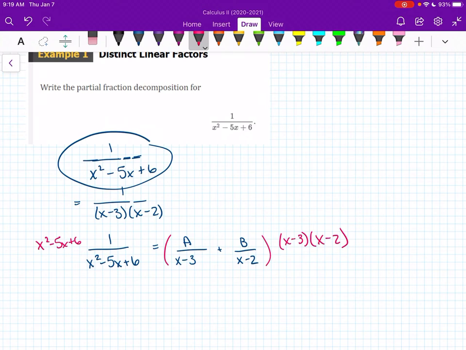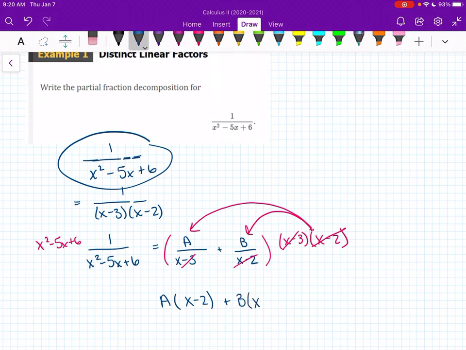And when I distribute x minus 3 times x minus 2 over here, the x minus 3's will cancel, and I'm going to get a times x minus 2 plus, and then when I distribute it to my second term here, the x minus 2's will cancel. So then I will get b times x minus 3 equals, and then I just have 1 over here because all of that's going to cancel.